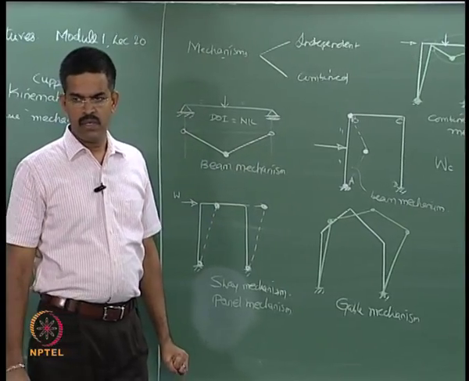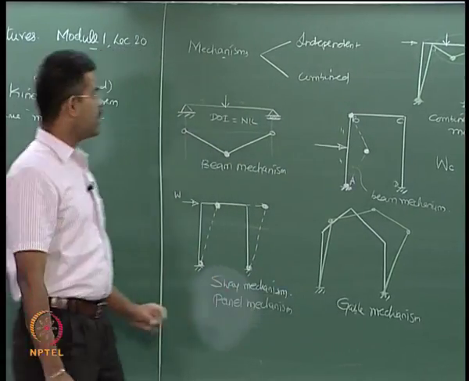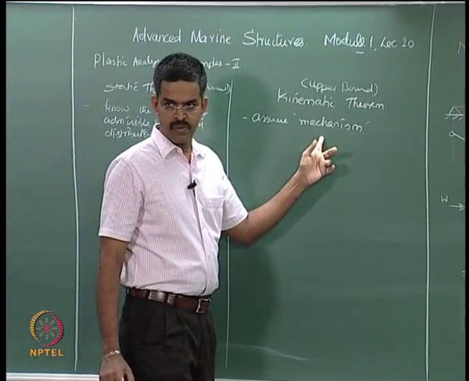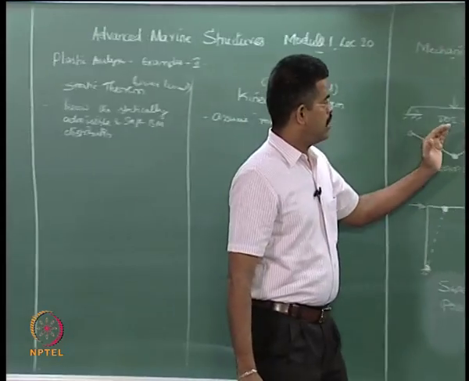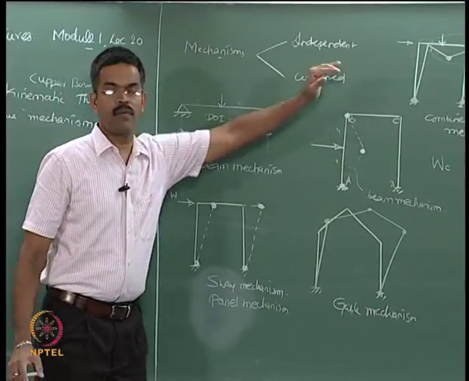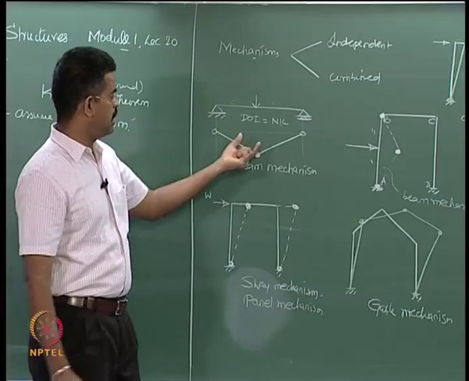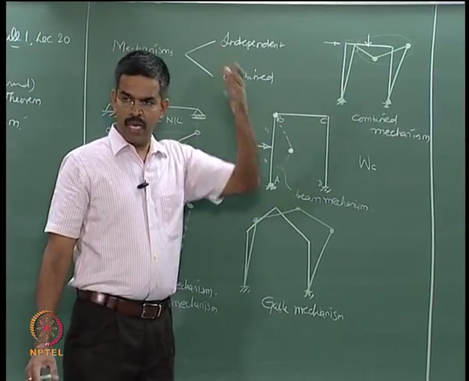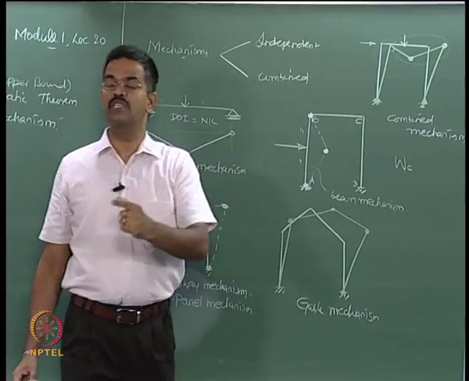And since I am following the kinematic theorem, because I am assuming the mechanisms, I will get a collapse load for each one of the problems separately, independently, maybe independent mechanism, maybe combined mechanism, all will be aligned and I must pick up the lowest value.